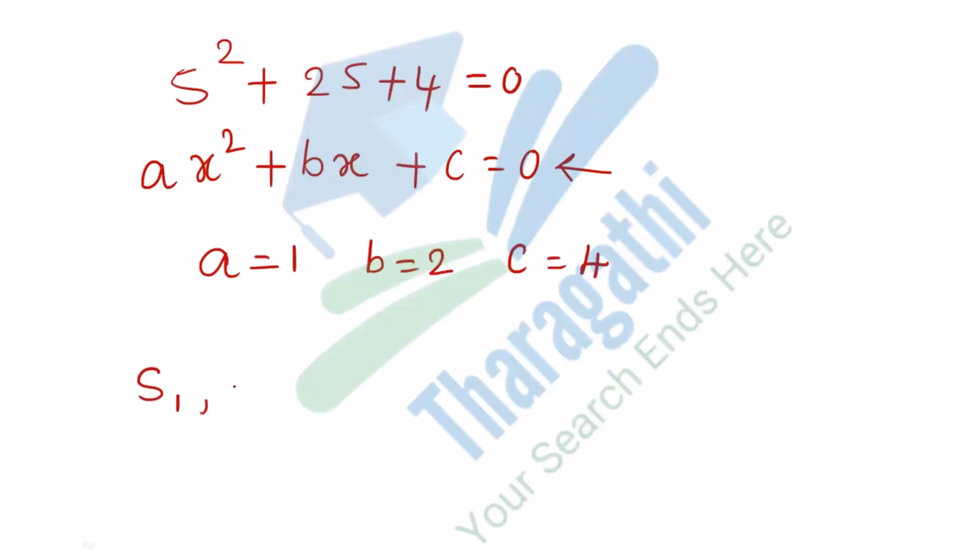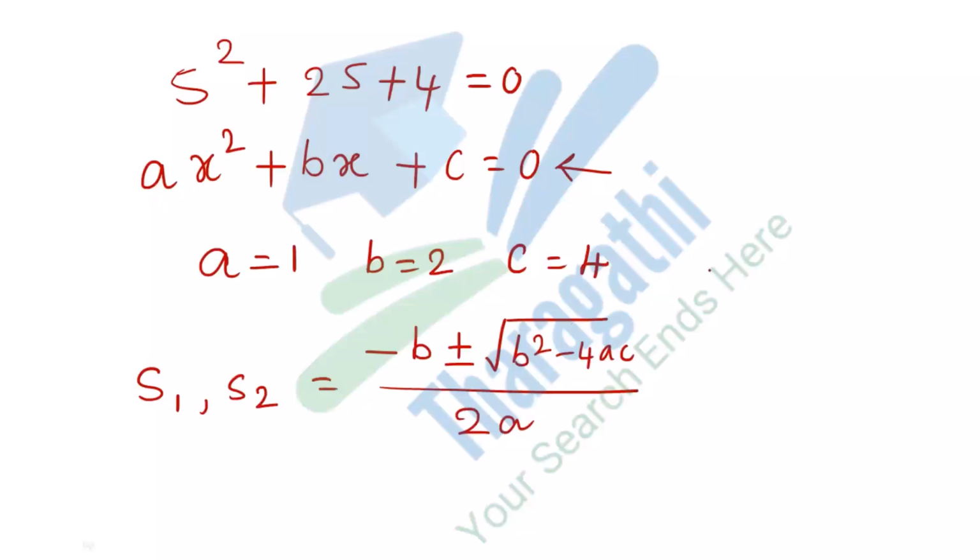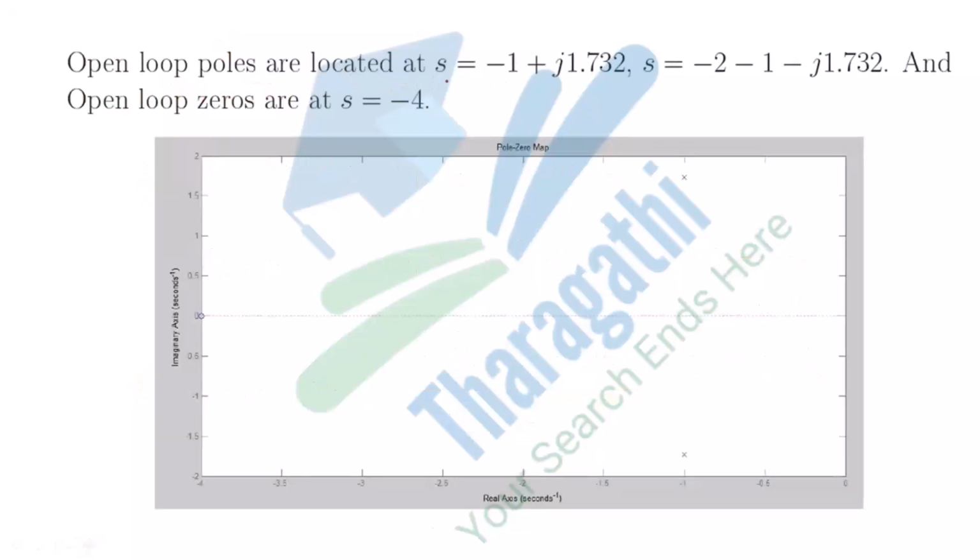You can find the values s1 and s2 using the relation (−b ± √(b² − 4ac)) / 2a. Substituting, you will get s as −1 + j1.732 and −1 − j1.732, and the open loop zero is located at s = −4.